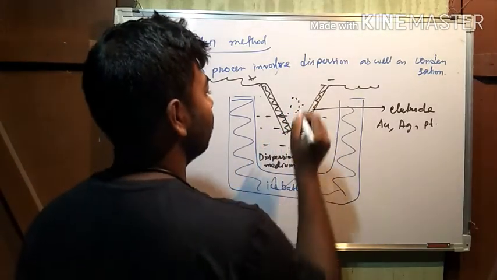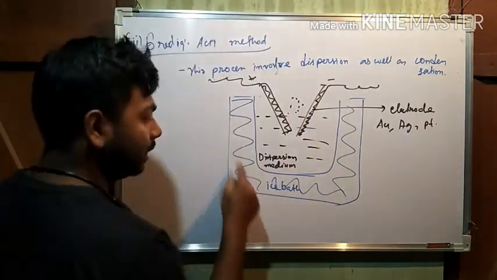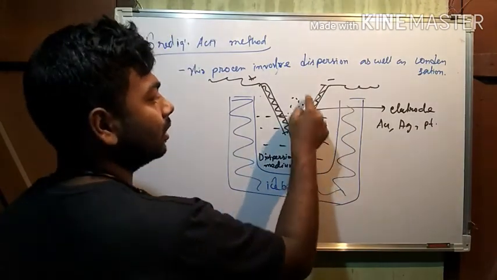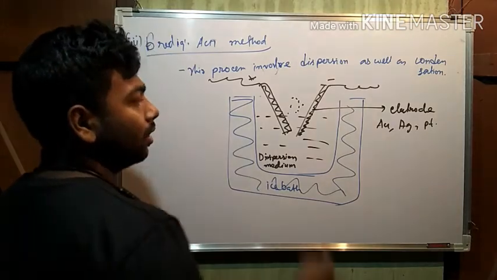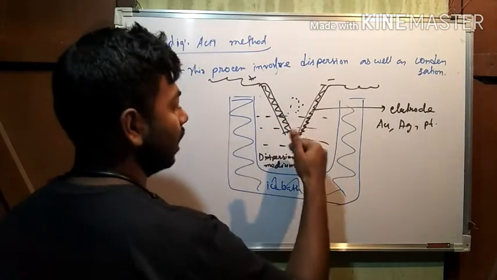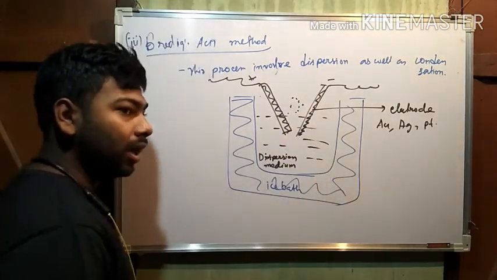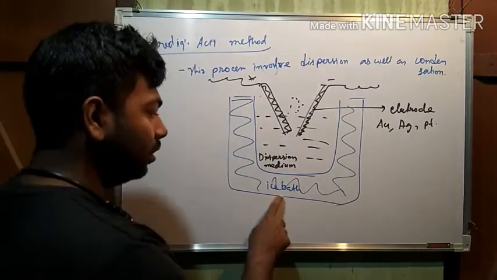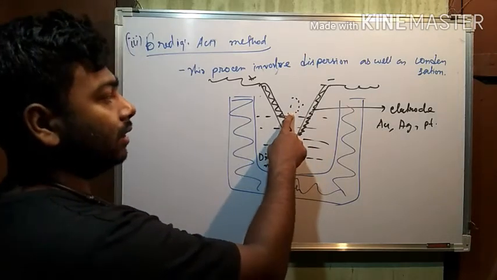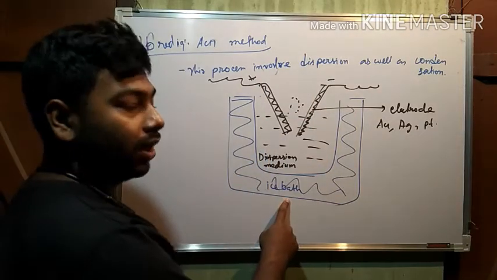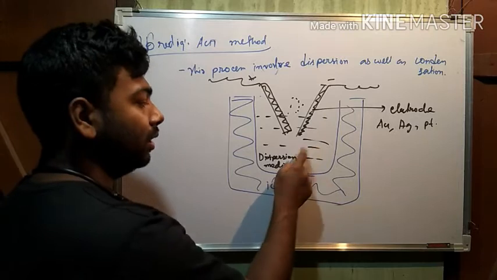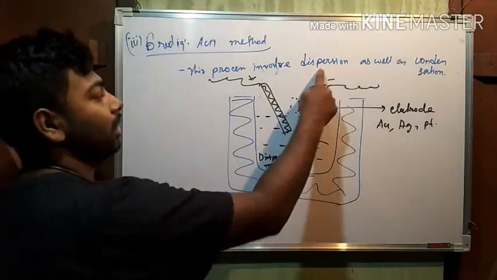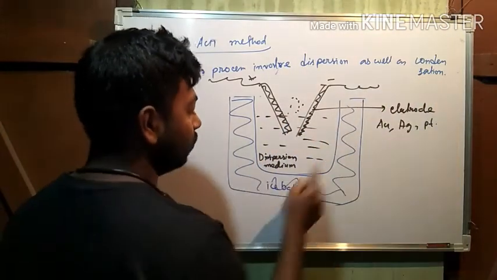Suppose this is the vapor. But due to the presence of this ice bath, which again condenses this vapor of metals into the dispersion medium, it forms the colloidal solutions. Main thing is, due to this ice bath, the vaporized metals condense again into the dispersion medium to produce colloidal solutions. That's why it is known as dispersion, that means this one, and condensation, that means with the help of the ice bath.